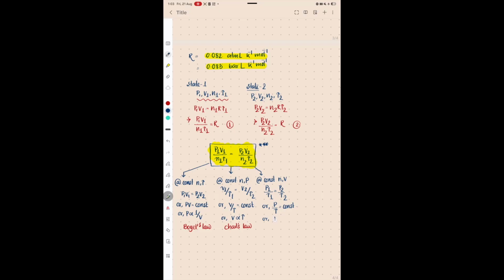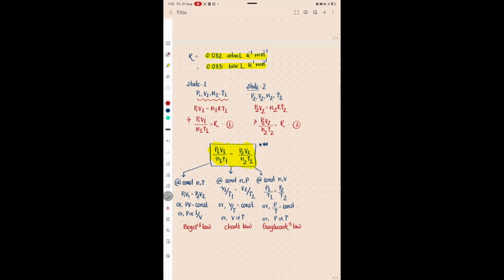Or pressure is proportional to temperature. So if I increase the pressure, proportionally the temperature will increase. This is actually Gay-Lussac's law.